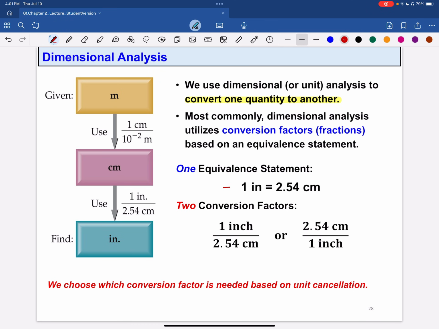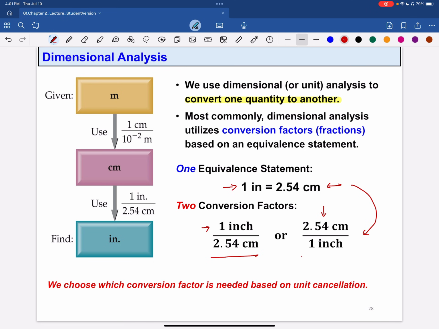Normally, we write it this way. In fact, this statement right here can be converted into factors. You can write 1 inch over 2.54 centimeters, or you can write 2.54 centimeters over 1 inch.